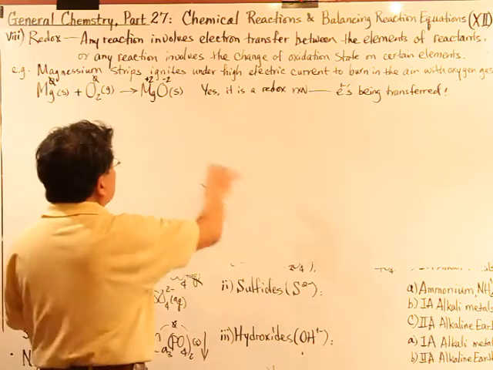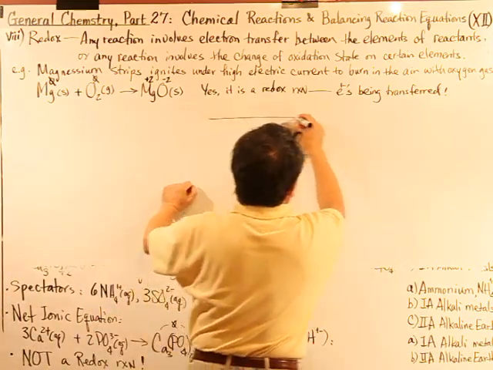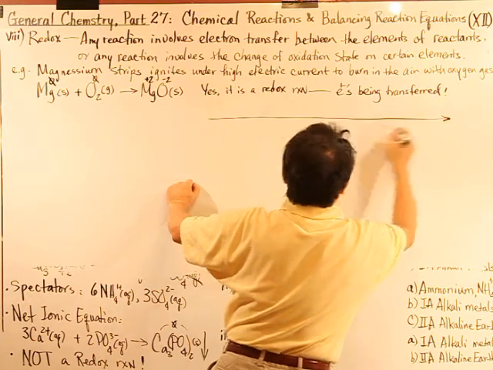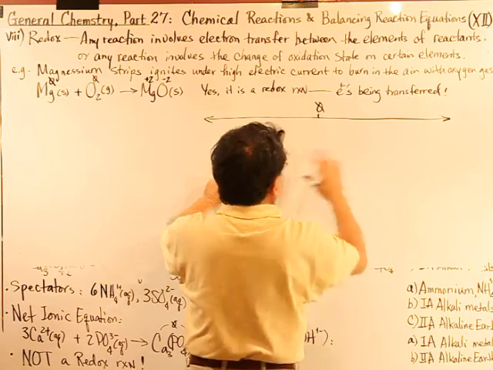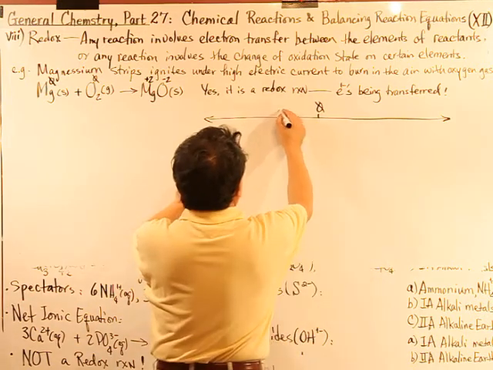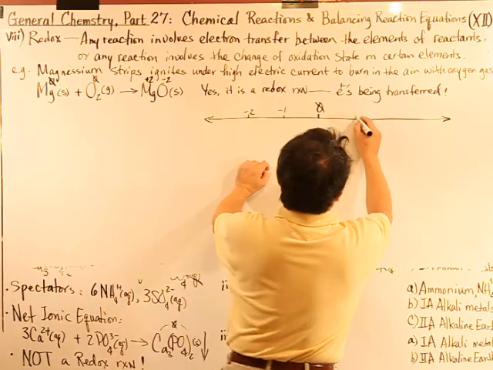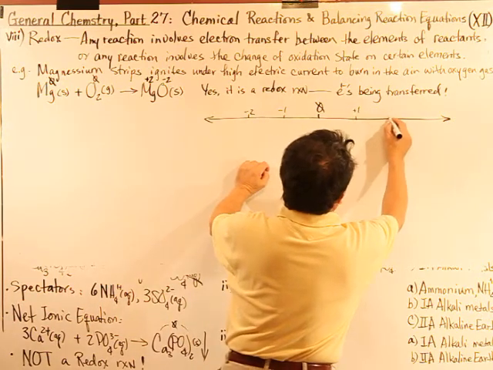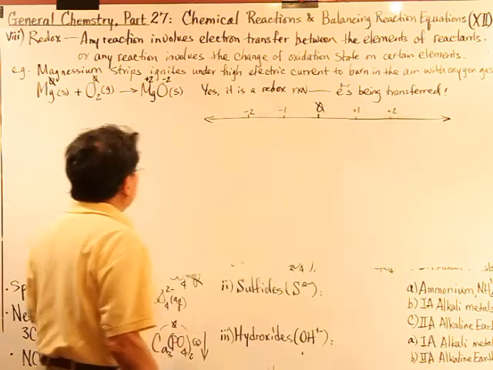On the number line, let's put a number line here, right? The number line we did a couple times, it's familiar to you. Now we have a 0 in the middle, neutral, and 1 minus, 2 minus, 1 plus, 2 plus, and we don't need more because that's only 2, right?